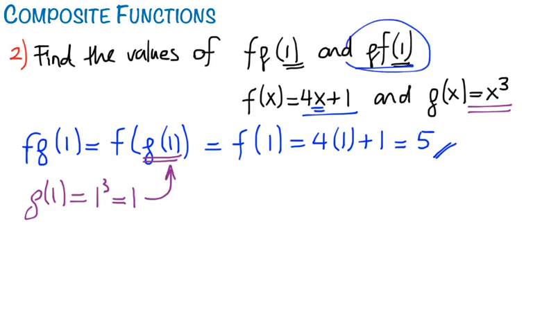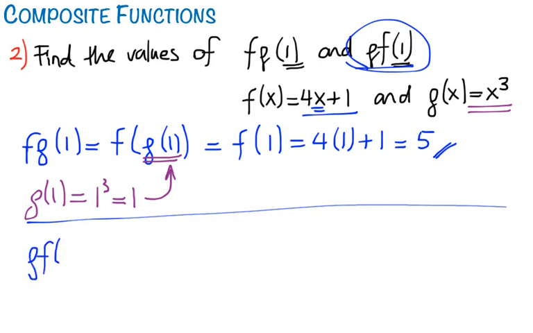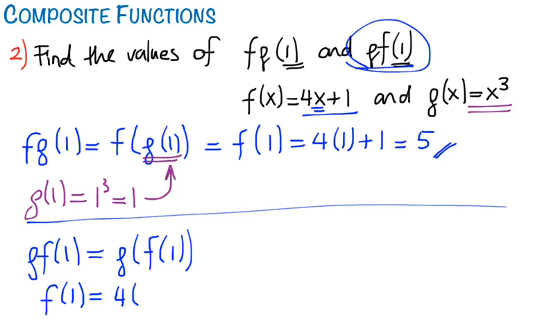Now let's do the second one. For the second one, I will write down gf of 1, which means inside g we have f of 1. Fine, I can calculate f of 1. It's going to be 4 times 1 plus 1, which is 5. Now, I can take this 5 and substitute here instead of f of 1.